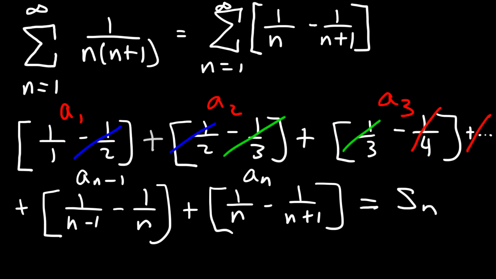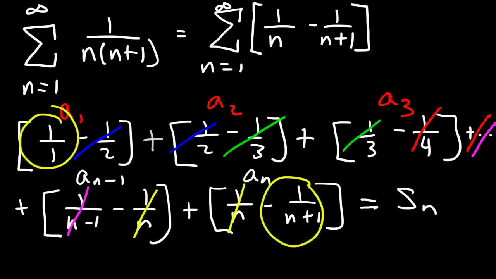And then we can also cancel something here with 1 over n minus 1, and then negative 1 over n plus 1 over n cancels as well. So s sub n is going to equal the first term minus the last term. So we can say that s sub n is 1 minus 1 over n plus 1.